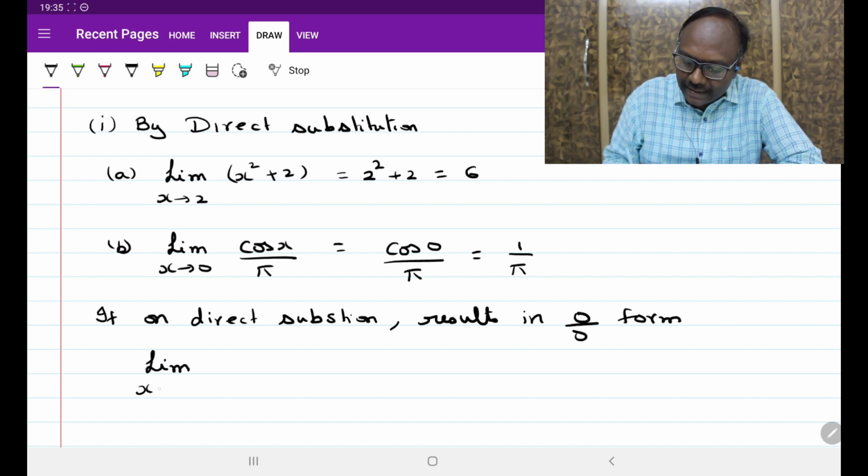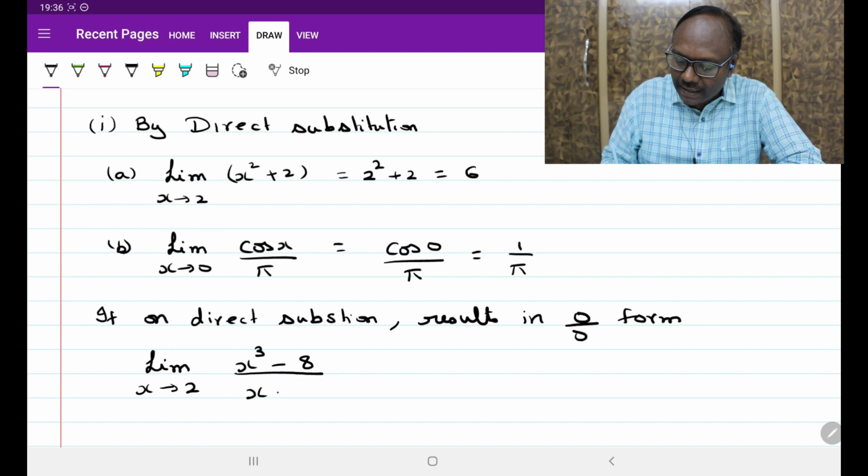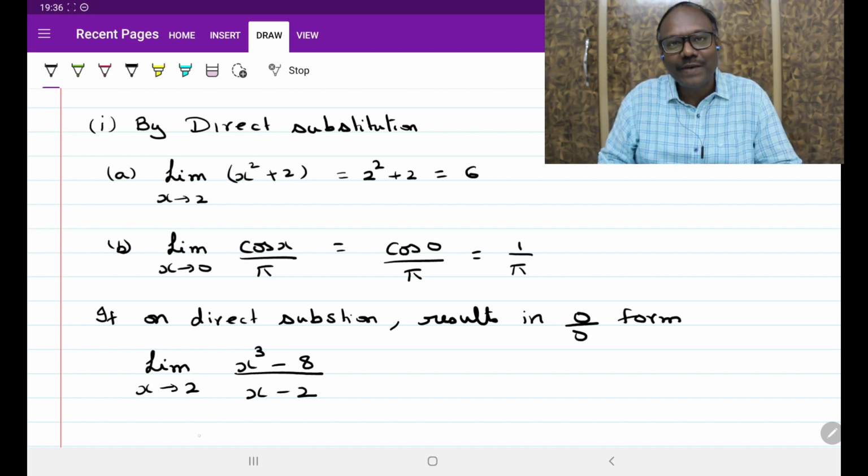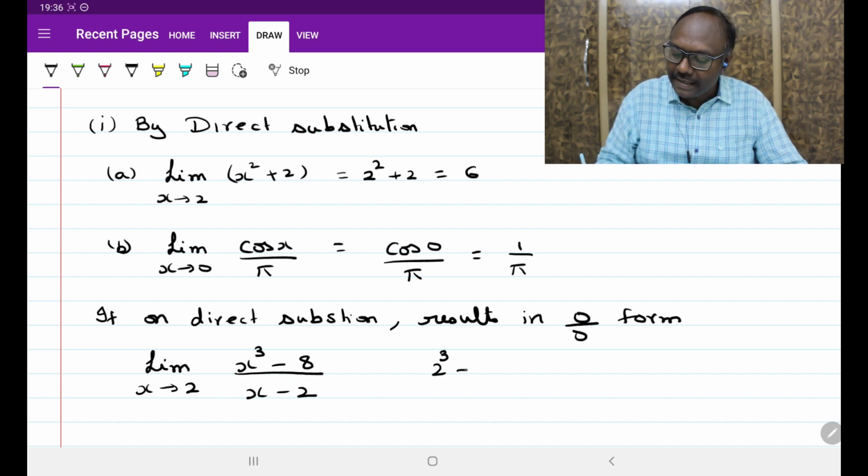Limit x tends to 2, x cube minus 8 by x minus 2. So, here on directly substituting x equal to 2, we are getting 2 cube minus 8 by 2 minus 2, which is 0 by 0 form.